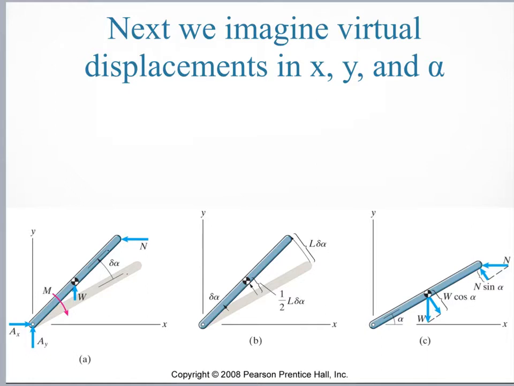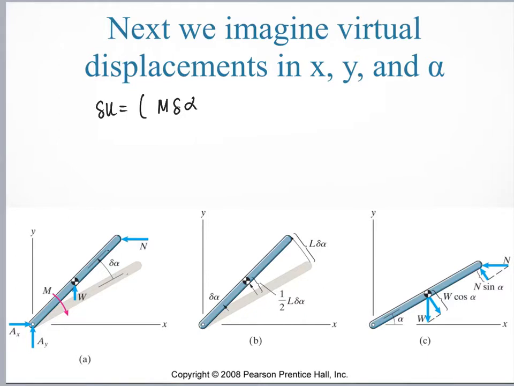All right, so we're going to imagine the displacement, and so we have delta u. Now for the moment, we have M times delta alpha. And then we also have the work.